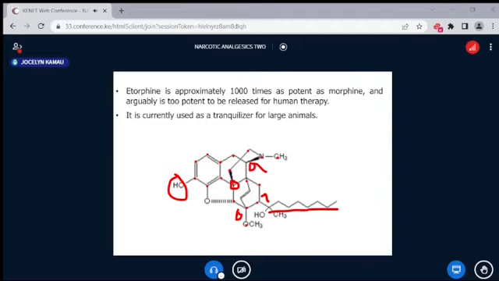Of course, the terminal nitrogen is there, the ether linkage is there, the hydroxyl group at position number 3 is there, and therefore that molecule has extremely high lipid solubility, penetrates the BBB very rapidly to give you very good analgesic activity. But we have said it can only be used as a tranquilizer for animals. It cannot be used for human beings.